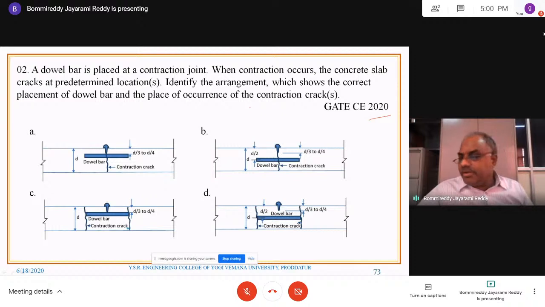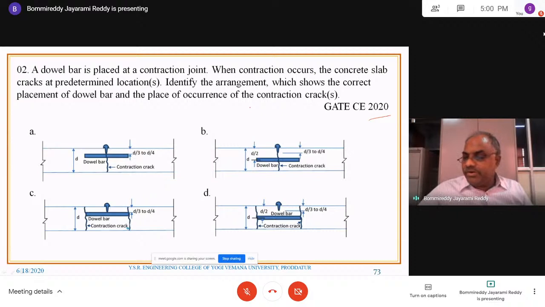Normally the contraction cracks occur at the edges, and steel reinforcement will always be provided perpendicular to the crack. If the cracks develop vertically, the reinforcement is horizontal.